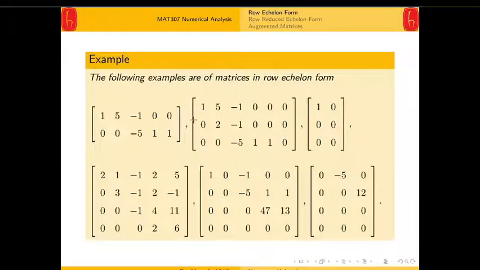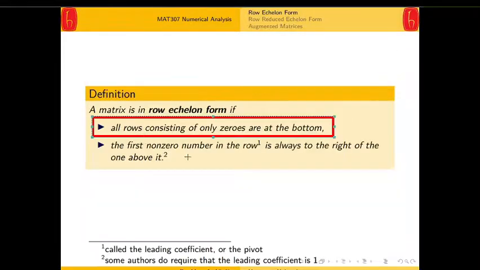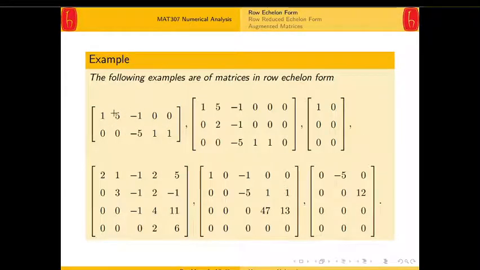An example. The following examples are of matrices in row echelon form. Row echelon form requires that all rows consisting of only zeros are at the bottom. Here there are no rows of all zeros, and here there are no rows of all zeros, but here we have.